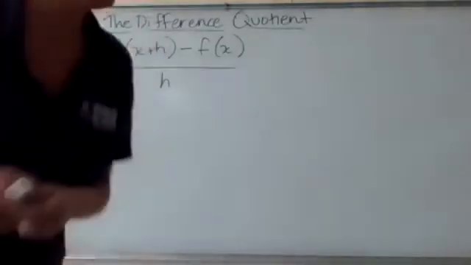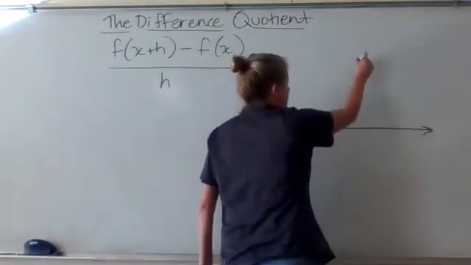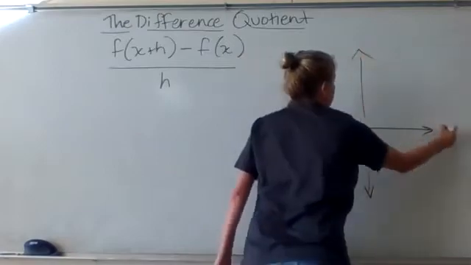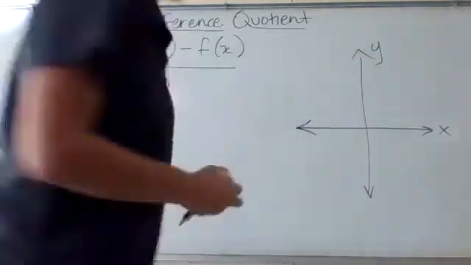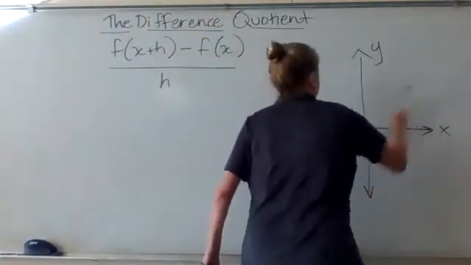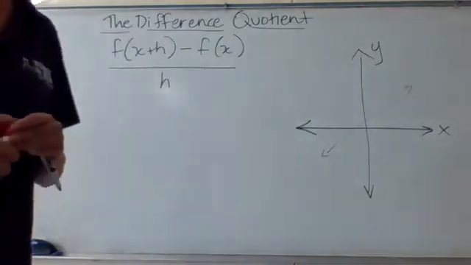Okay, sometimes we have a function that's a linear function, so for instance, it's some kind of straight line like that. There are several different ways we can find the slope of that.